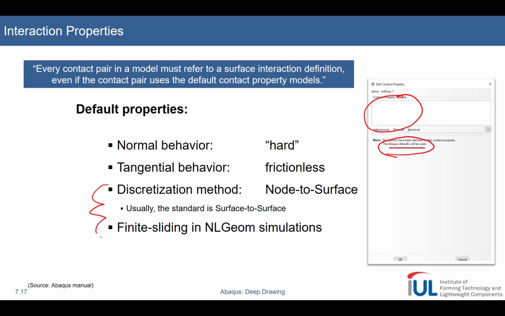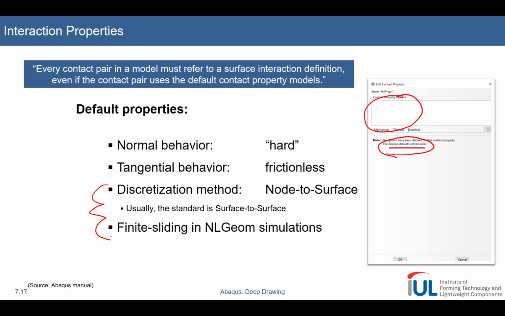So these are usually defined nowadays in the interaction module, but if you work with the input file and you don't specify anything there, these would be the default properties Abaqus would use for the contact interaction. So try it out.